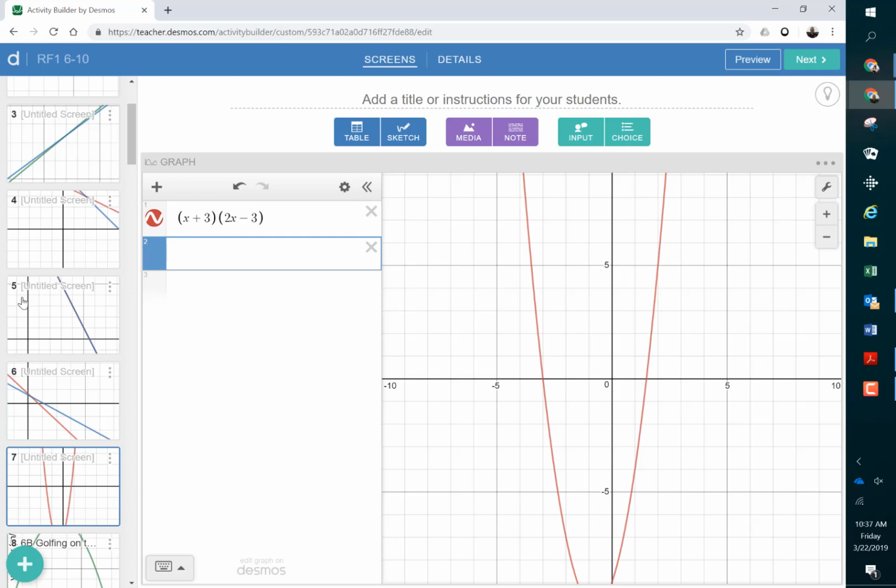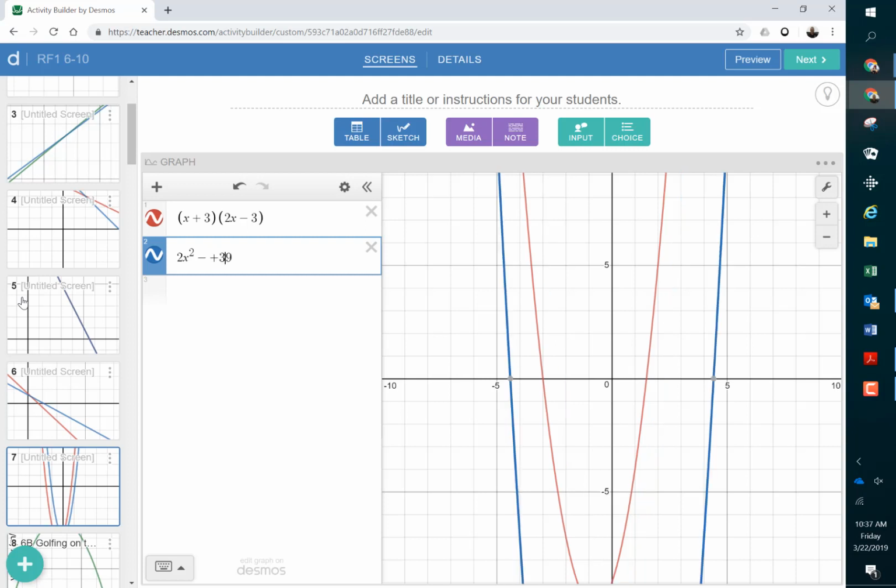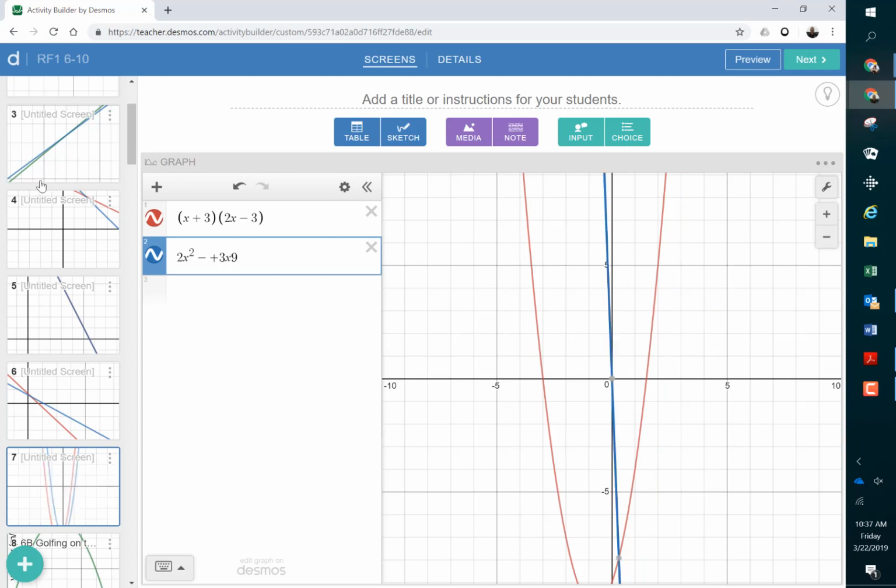So we can multiply it out and we get 2x to the second minus 9. That gets us close, and then the middle term is positive 3x minus 3x is positive 3x. Positive 3x minus 9. So A is 2, B is 3, and C is -9.